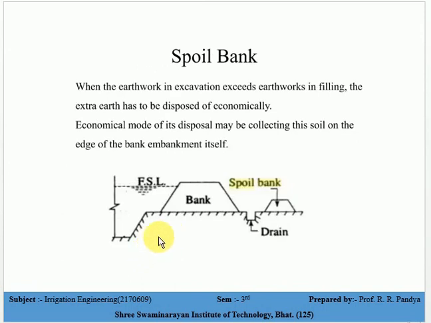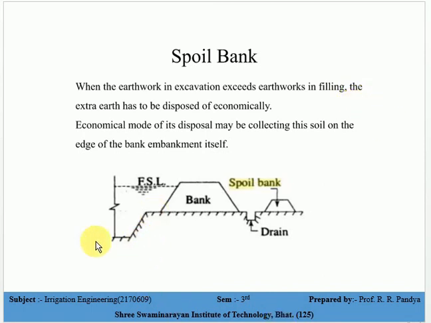Next, spoil bank. So this is the spoil bank. This is our canal lining. It is a full supply level and we provide at the end of the bank a drainage line and then a spoil bank. So when the earthwork in excavation exceeds the earthwork in filling, right?